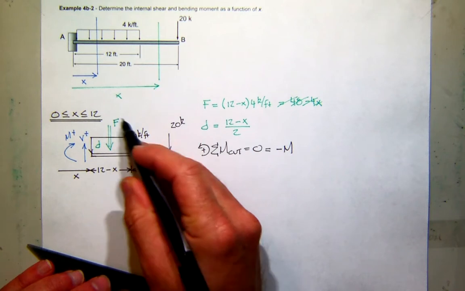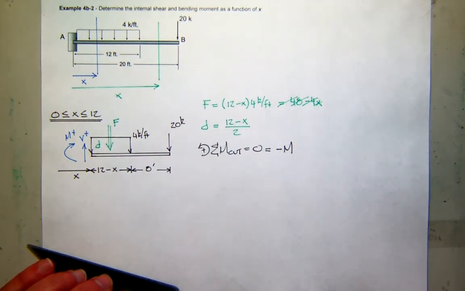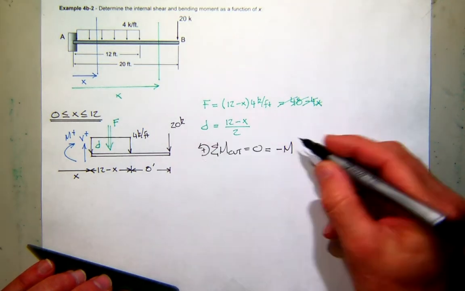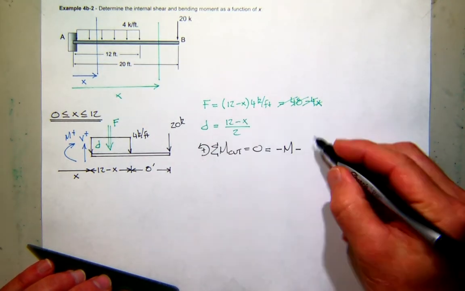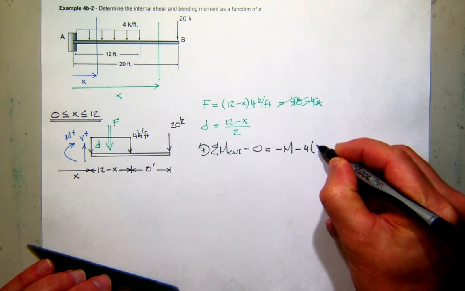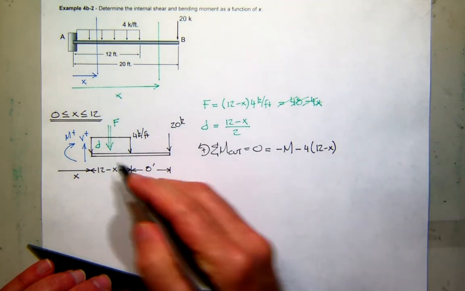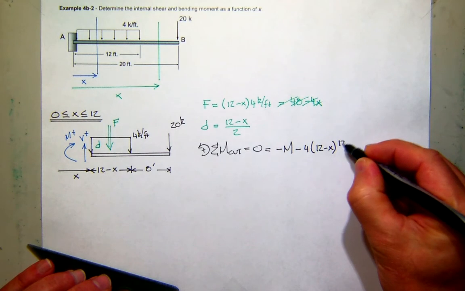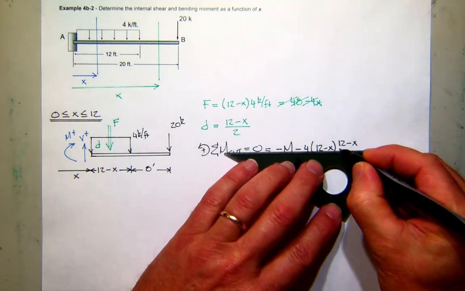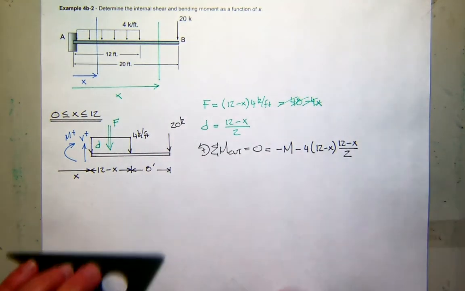About the cut face, does this force F create positive or negative moment? Negative moment. Everybody see that? I'm using right-hand rule. So that'll be negative the force. What's the force? It's 4 times 12 minus x, and then times distance, which is 12 minus x over 2.